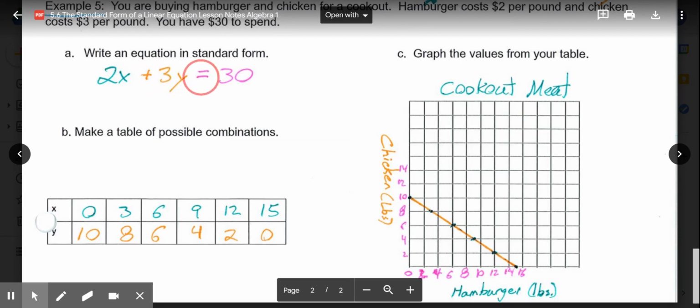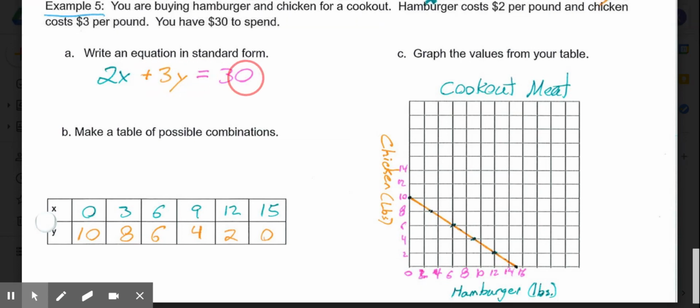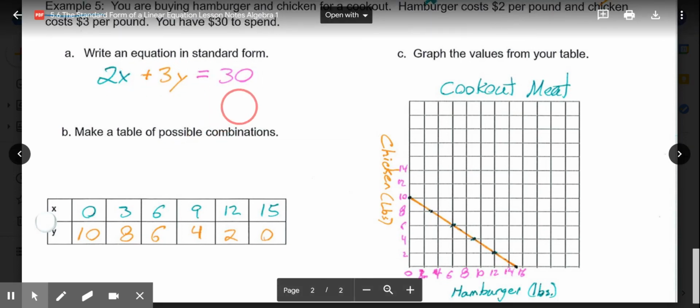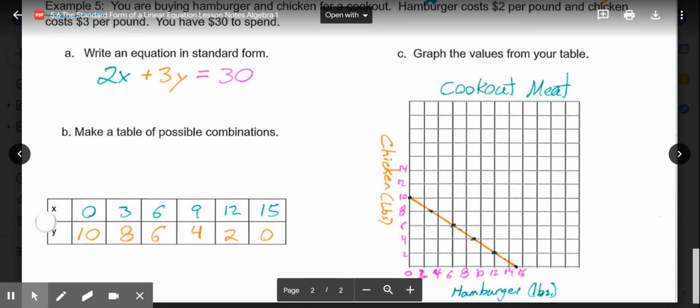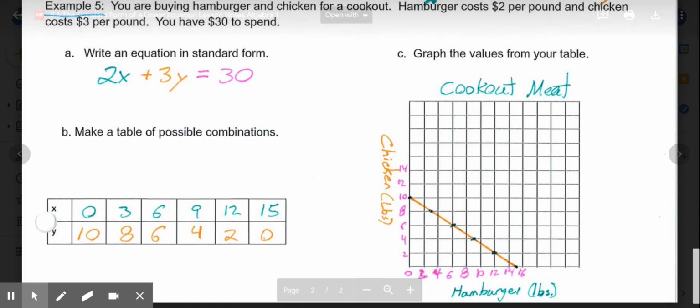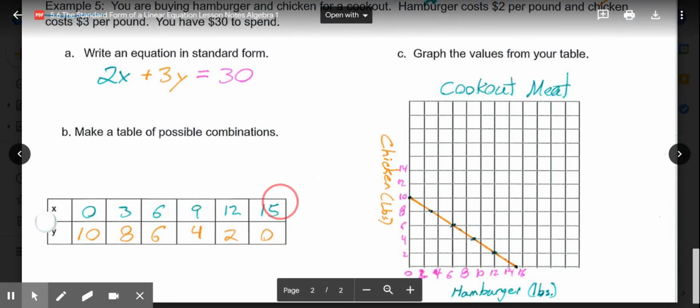So I have 6 plus 3y equals 30. Subtract the 6. So then 3y equals 24. Divide by 3 and y equals 8. So you'd want to put different numbers in for x to figure out what y would equal. So I did that with 6, with 9, with 12, and with 15. Doesn't matter what numbers, you just want to choose some to go in for x to figure out y.